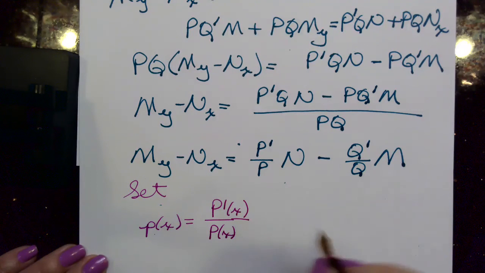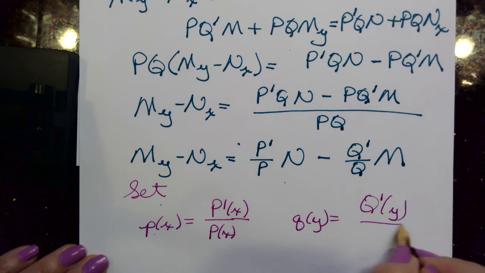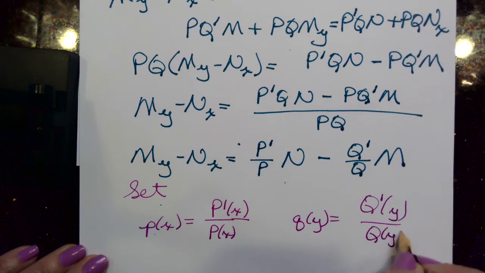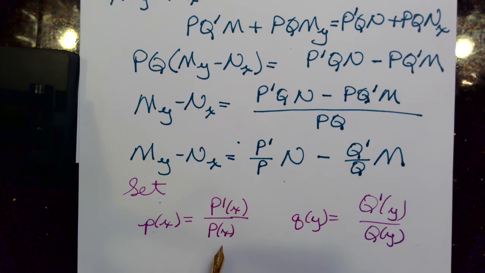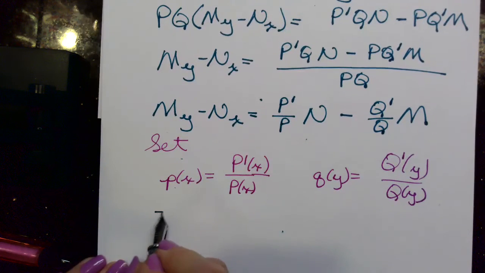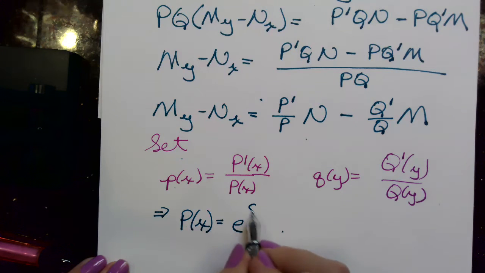And I'll take little q of y to be capital Q prime of y over Q. All right, and so notice that if you solve one of these equations, for example for P, I'll leave that for you to check, that this says that capital P of x has to be e to the integral little p of x dx.